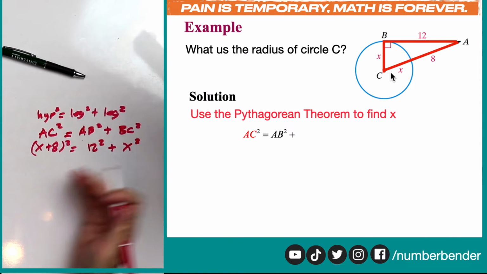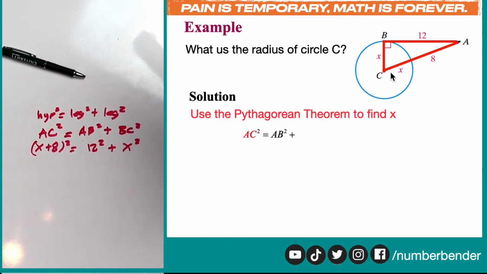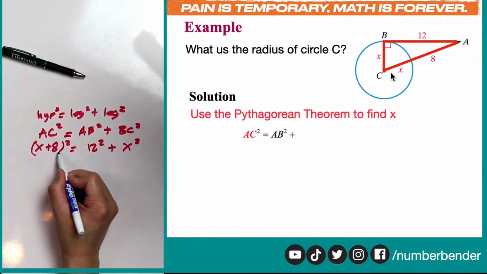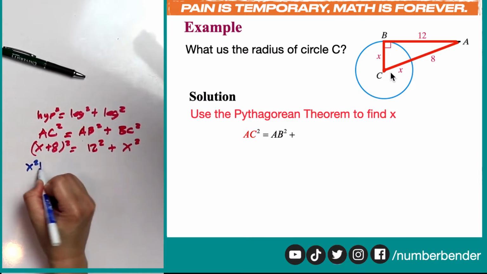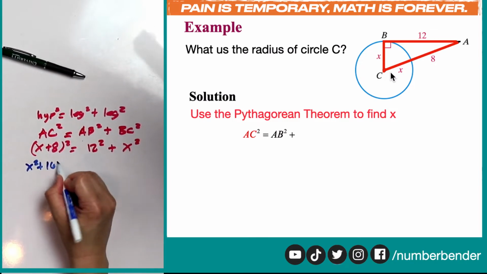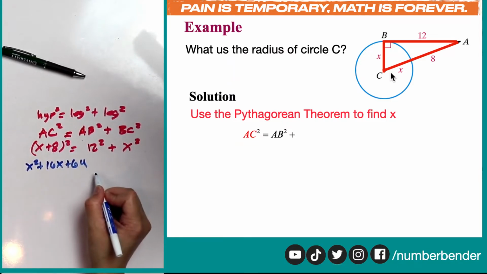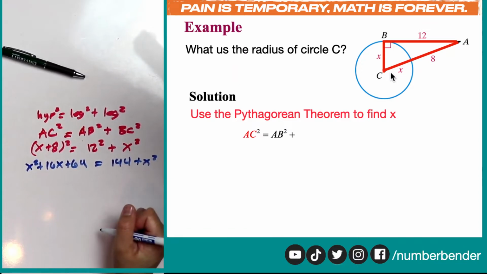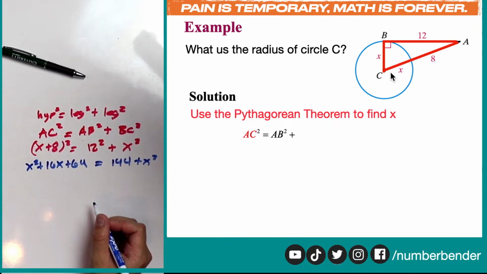So now that we have our expression, we can simplify this using algebra. We know that x plus 8 quantity squared can be expanded by multiplying x plus 8 times x plus 8. You can use the FOIL method, or you can use this technique: x squared plus twice of 8x plus 8 squared, and that will be our expansion, equal to 144 plus x squared. From here, we'll be able to solve for the value of x by equating it to 0.